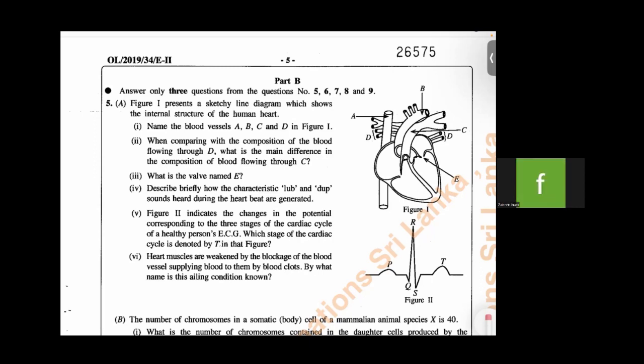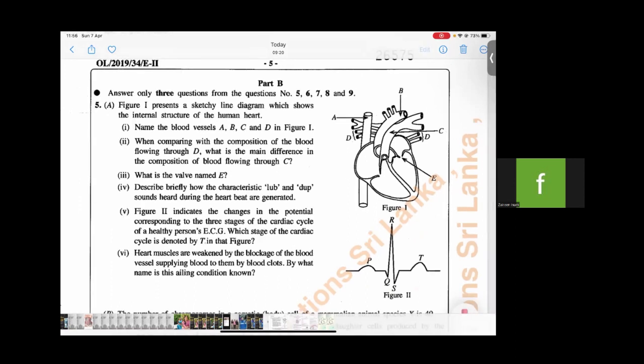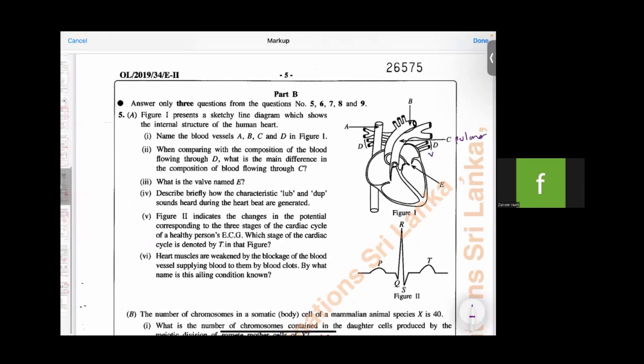Then, when comparing with the composition of the blood flowing through D, what is the main difference in the composition of blood flowing through C? Deoxygenated blood. Yes, which has deoxygenated blood, C or D? Think well. Now this is pulmonary artery, right? This is pulmonary vein, right?